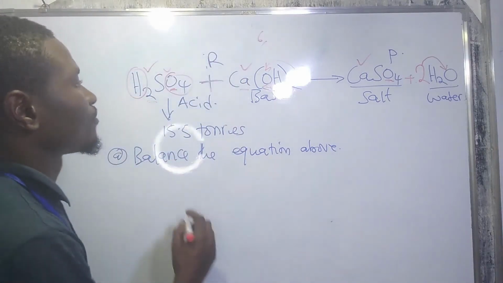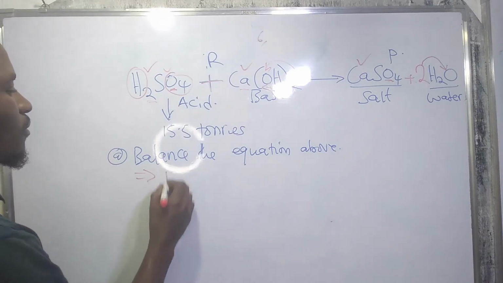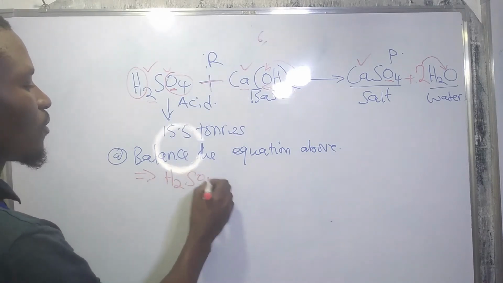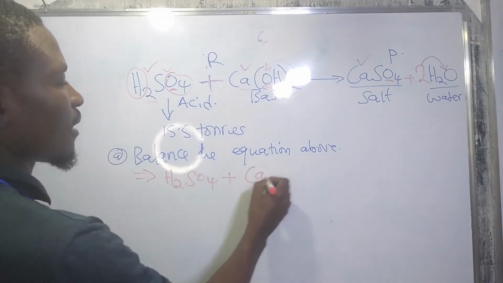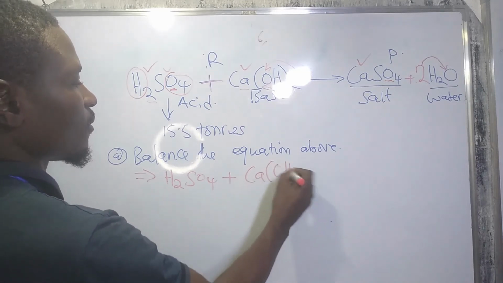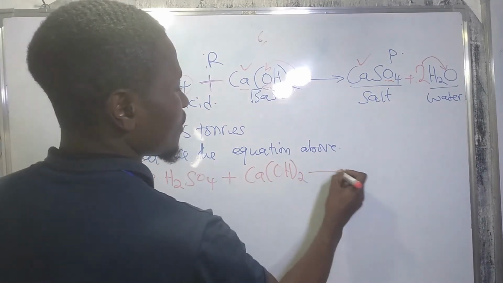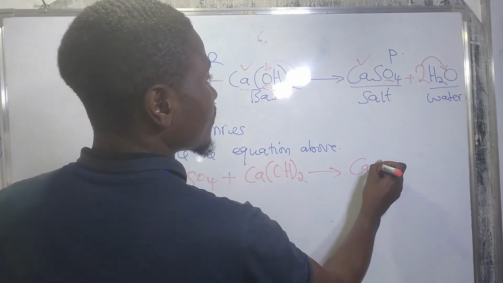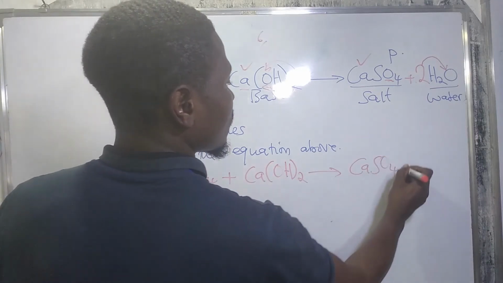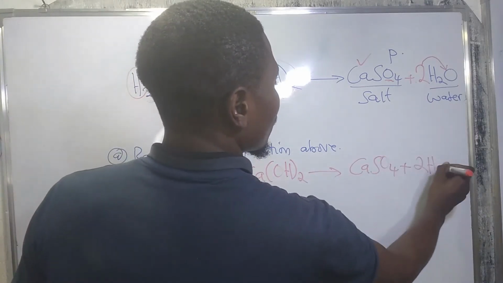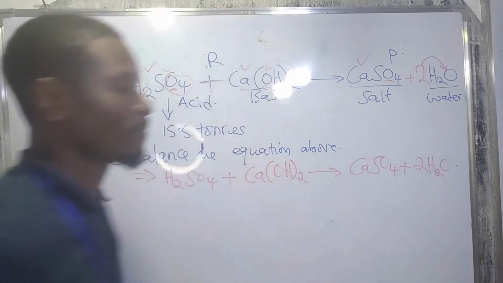So H2SO4 plus calcium hydroxide goes to calcium sulfate plus 2 H2O.